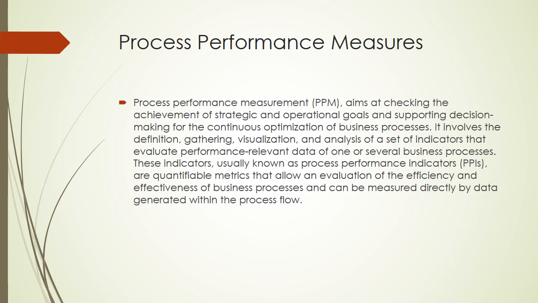These indicators, usually known as process performance indicators, are quantifiable metrics that allow an evaluation of the efficiency and effectiveness of business processes and can be measured directly by data generated within the process flow.